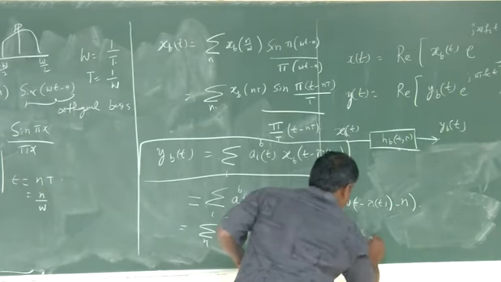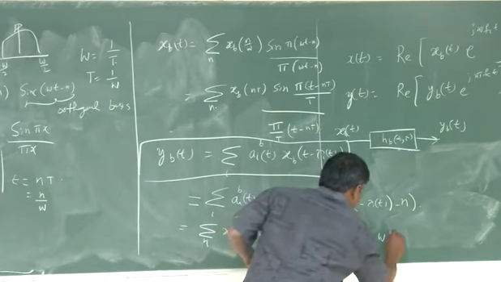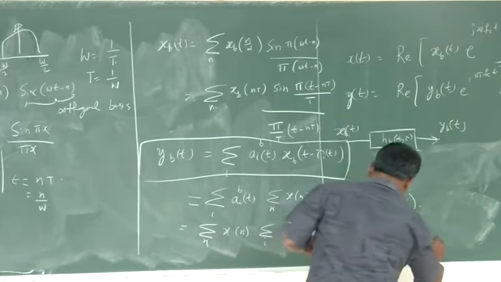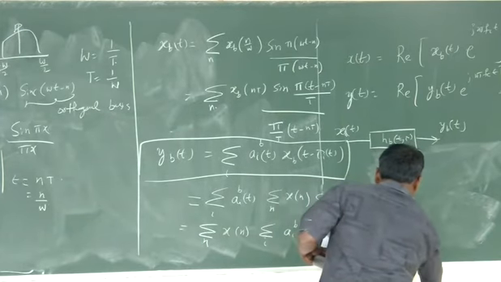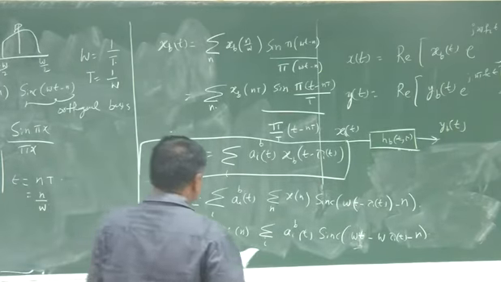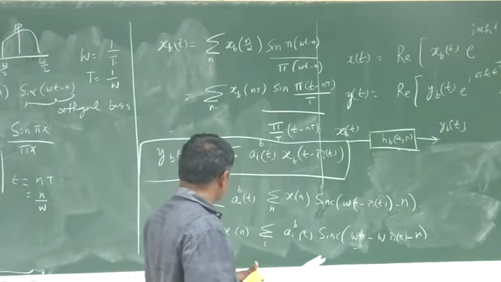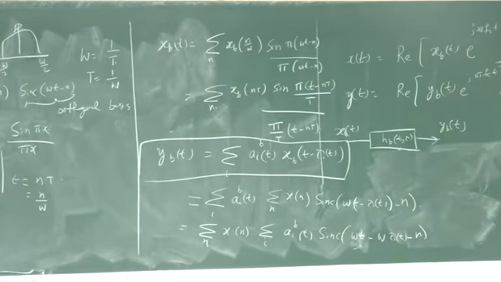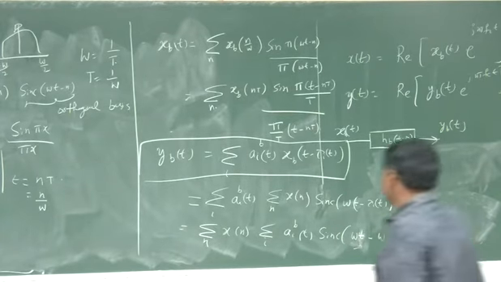W multiplied by t minus W into tau i of t minus. Okay, this is Yb of t.